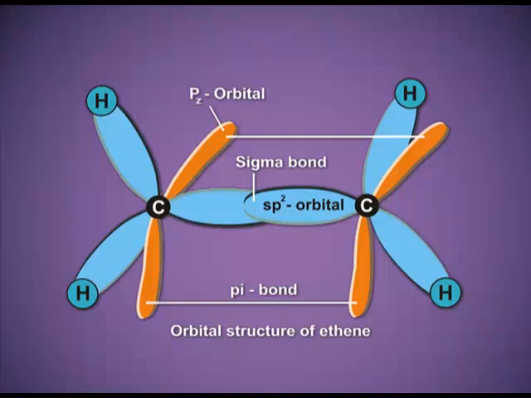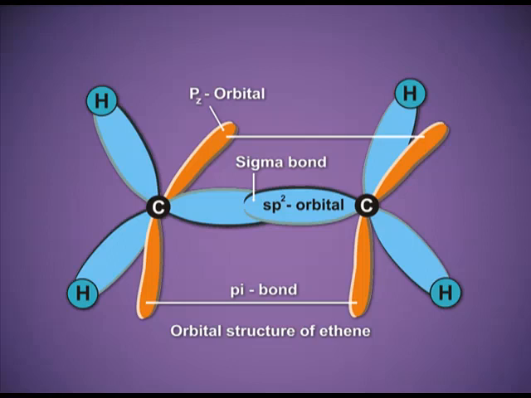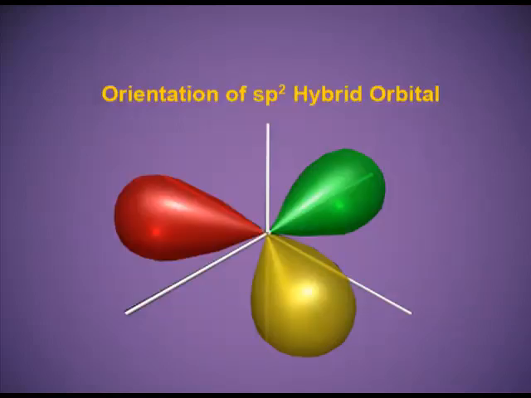The unhybridized p orbital is shown by the yellow lobes. These yellow lobes will undergo the sideways overlapping to form the pi bond. Just see the figure. The sideways overlapping, 2 lobes above the plane and 2 lobes below the plane making pi bond. This is the orientation of the sp2 hybrid orbitals in a trigonal planar manner.